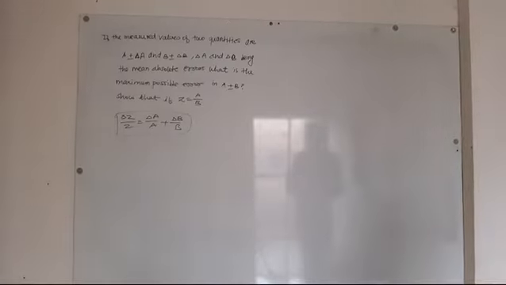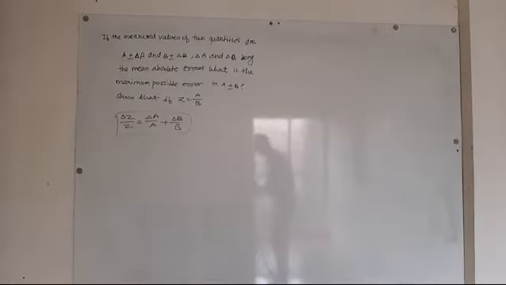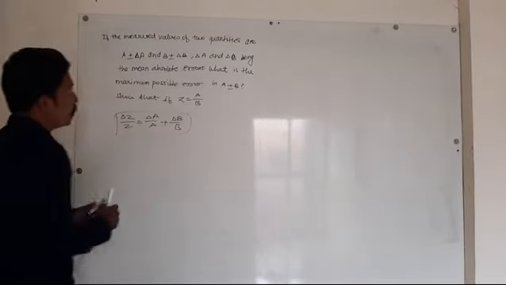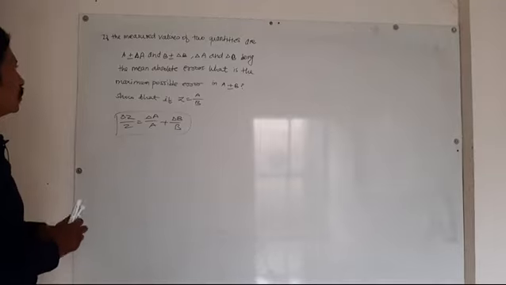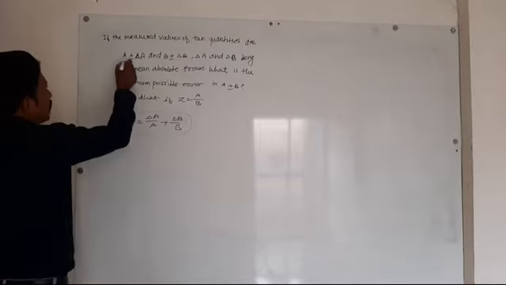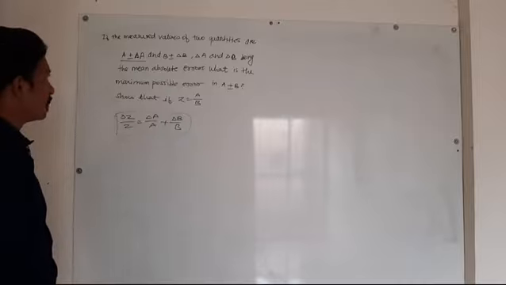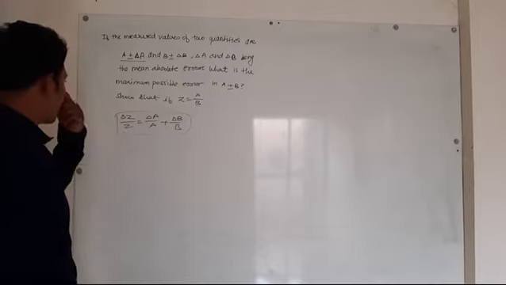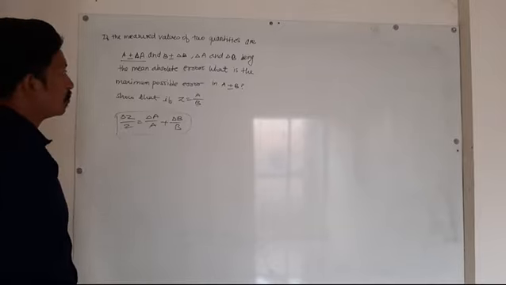Okay student, the question is: if the measured values of two quantities are A plus or minus delta A, B plus or minus delta B, delta A and delta B being the mean absolute errors, what is the maximum possible error in A plus or minus B?